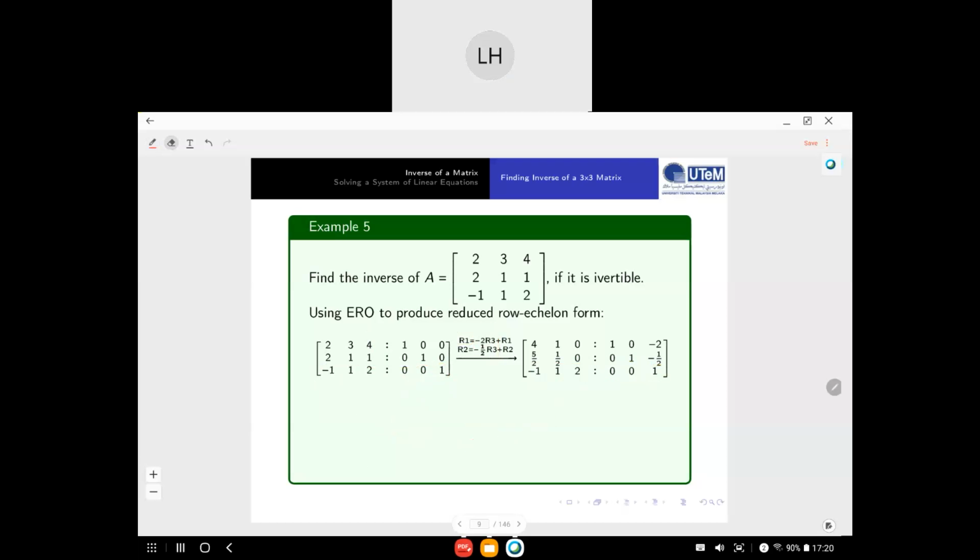Okay, so now row 3 does not change. You just copy row 3 again, which is this value. But now, you want to change row 1. What are you using? Row 1 equals negative 2 row 3 plus row 1. So, negative 2 row 3: negative 2 times negative 1 is 2, 2 plus 2 equals 4.